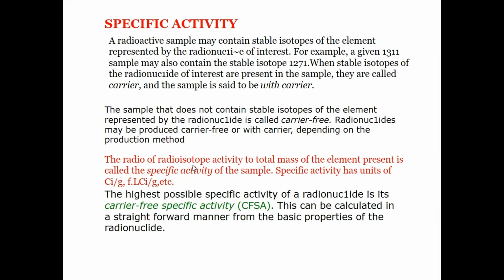The radioactivity of the radioisotope per total mass of the element present in the material is called the specific activity of the sample. The specific activity has units of curies per gram. It can be expressed in other units, such as becquerels per gram.